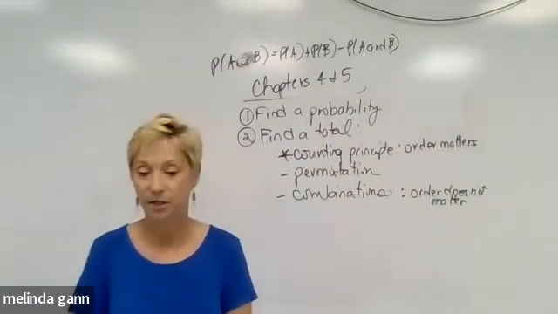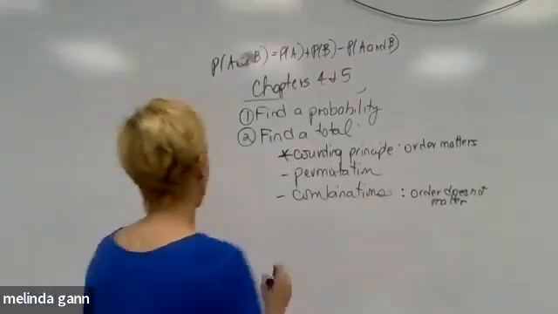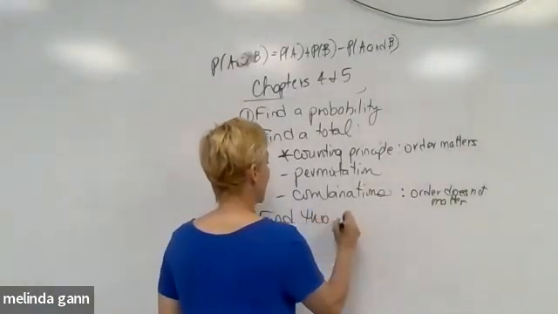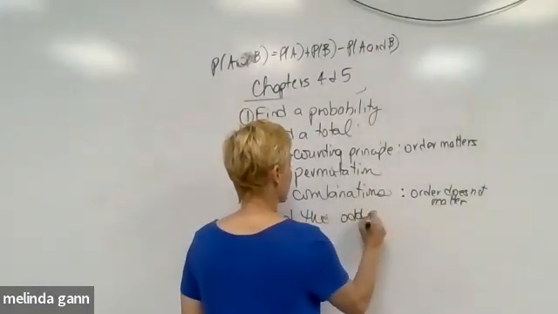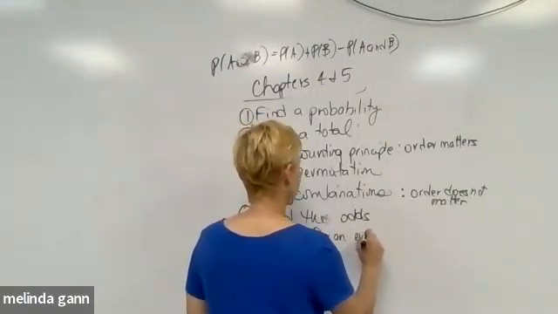Let's see what else it might ask you to do. All right, find a probability, find a total. Let's see. Oh, odds in favor and odds against. Find the odds. And it might be for an event or against an event.